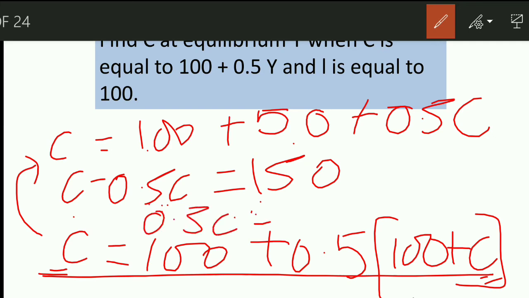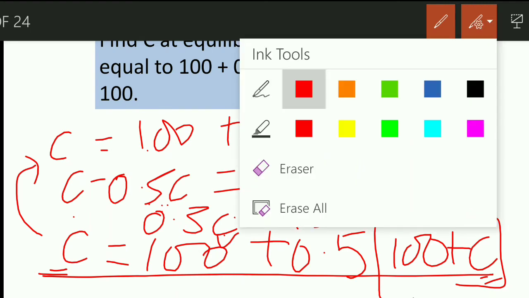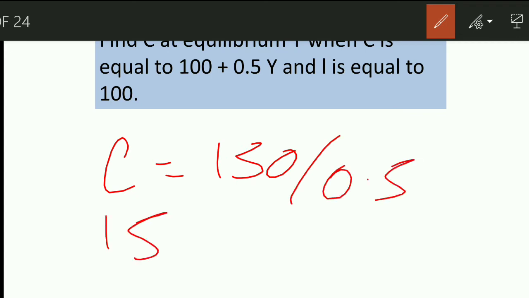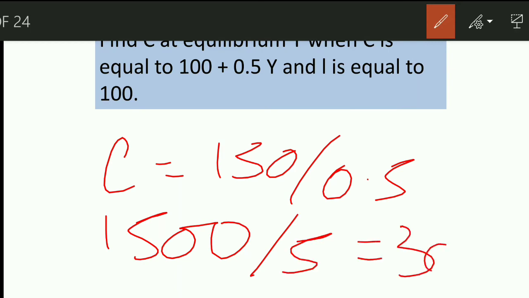So 0.5 C is equal to 150. If I solve for C, I'll get C is equal to 150 upon 0.5. So it will be 1500 upon 5. It will be 5 threes are 15, 300, right? I hope this is clear to you how I got the value of C. Okay, so the value of C over here is 300.